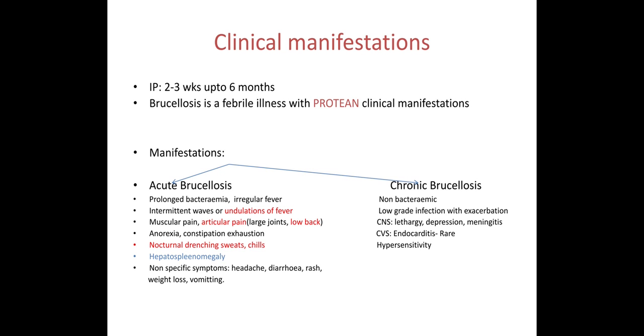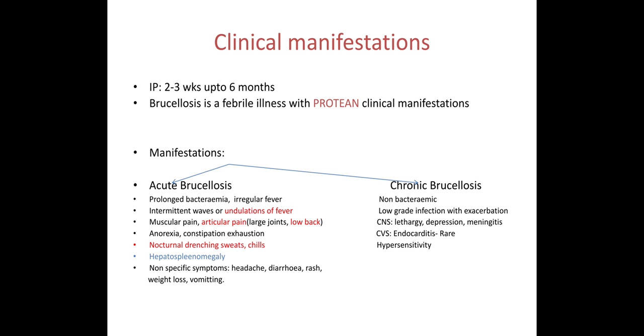So acute brucellosis is generally a triad of fever, joint pains and nocturnal sweating. These patients are known to complain of sweating over the forehead. So with these three important symptoms, the triad of fever, joint pain and nocturnal sweating, along with hepatosplenomegaly, you should suspect acute brucellosis in people who have either professional history or a history of handling animals.